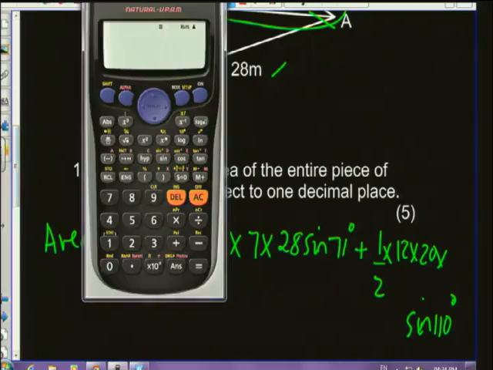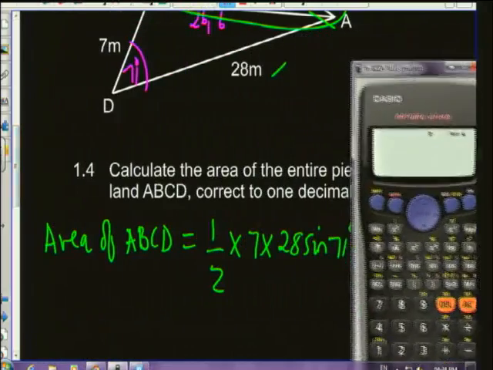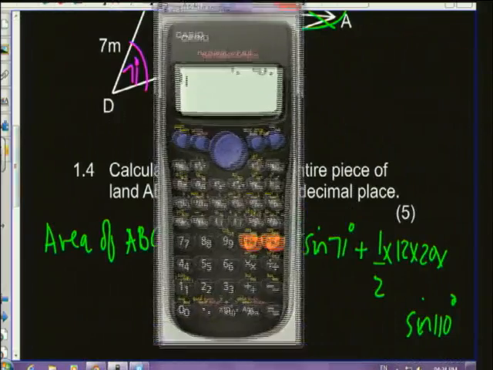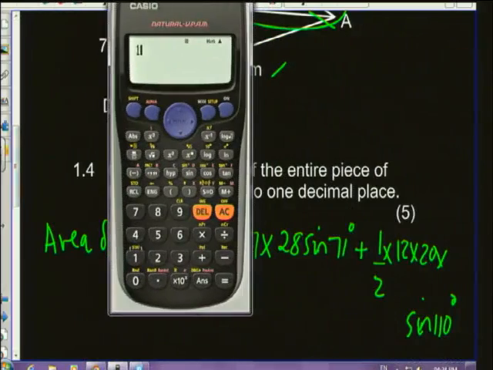All right, so we have half 7 times 28, which is 14 by 7. So 14 by 7 sine of 71. We get that.